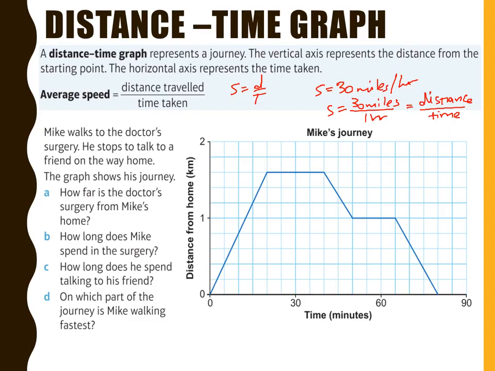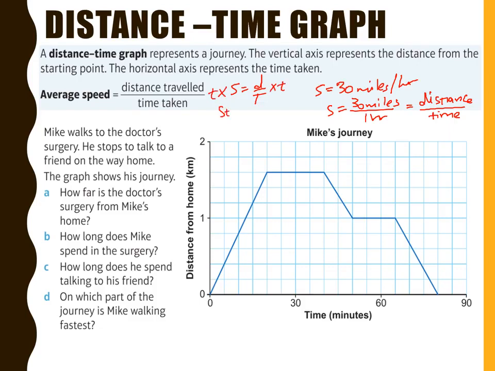And then if you were asked to do time, this is where solving equations from last time, linear equations and stuff like that, would come in handy. If you need to find time, you have to make sure that time is on its own. So I would multiply by t on both sides.